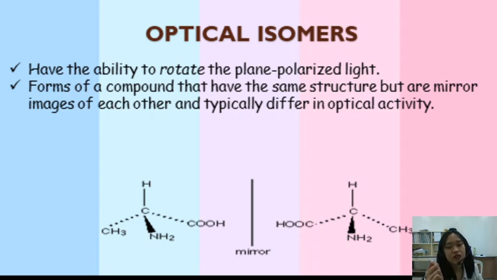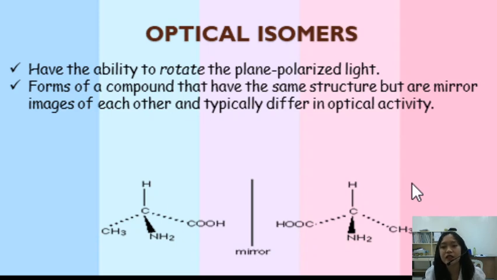Okay. So what are optical isomers? Ito na yun. Optical isomers have the ability to rotate the plane polarized light. So this forms compounds that have the same structure. Again, your optical isomers, magkakapareho ang structure nila but are mirror images of each other and typically differ in optical activity. So tingnan natin ang example. So same sila ng structure. When you say optical isomers, these are compounds with the same structure.